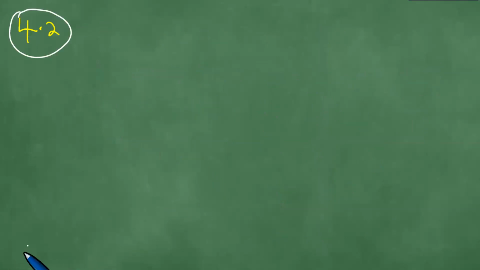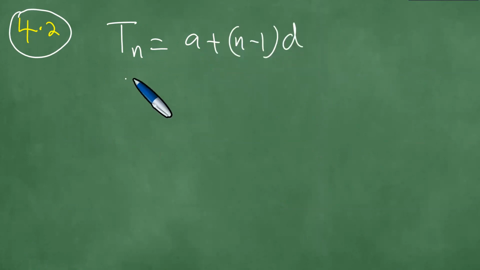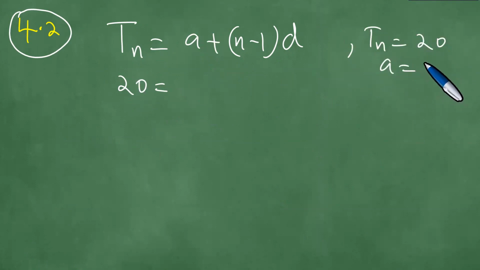Because in 4.2, we know that Tn is A plus n minus 1 into D. The last term is 20, and the first term is 2.